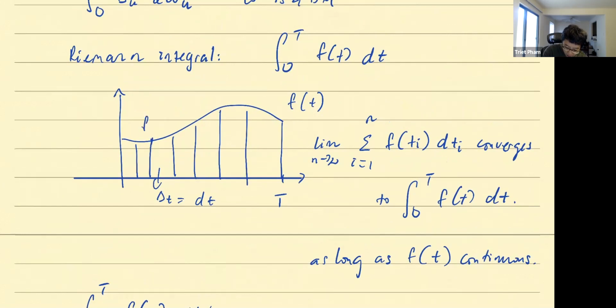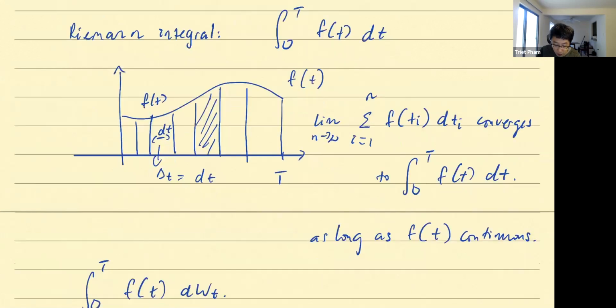At each point there's ft, and this is dt. So ft dt has a very convenient interpretation as the area of the rectangle. No, it's not even approximately, it's the area of the rectangle, below the curve or above the curve, depending on how you pick your point.